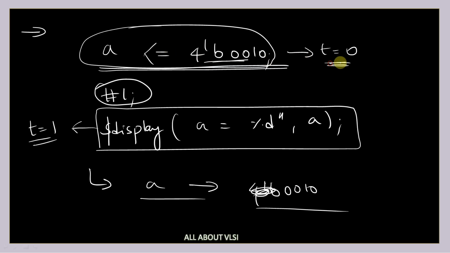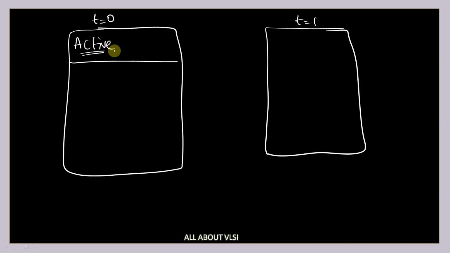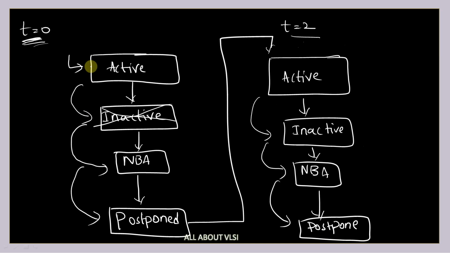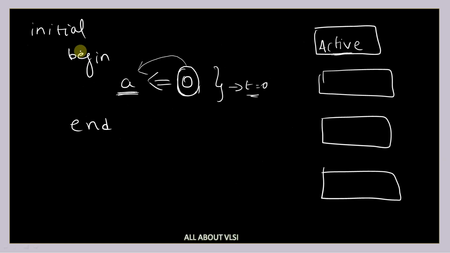But when is the left hand side value updated? In which region is the left hand side value of the NBA updated? It is the NBA region. So in the NBA region, the left hand side value of the assignment will be updated. I will write it down here.